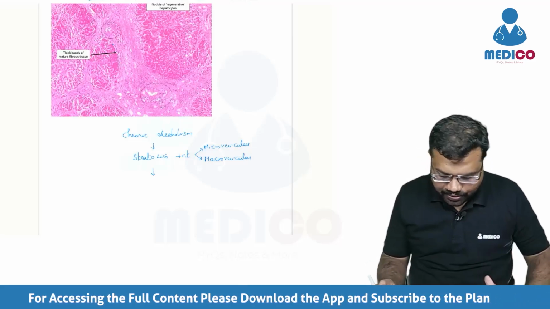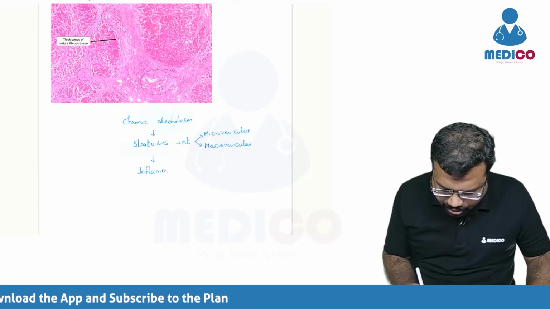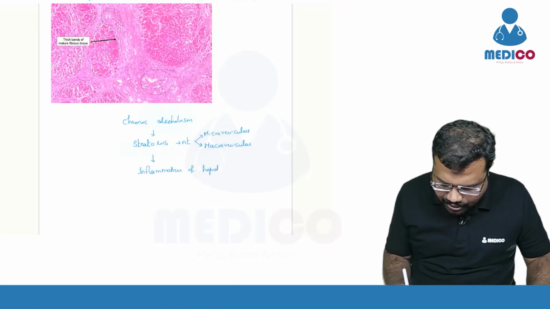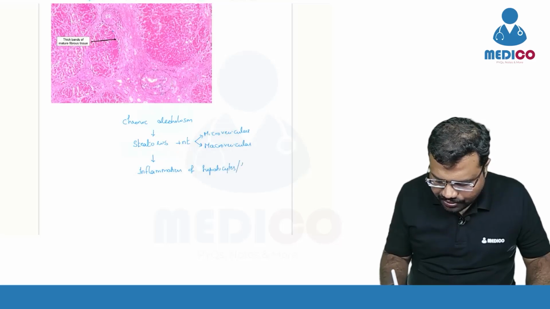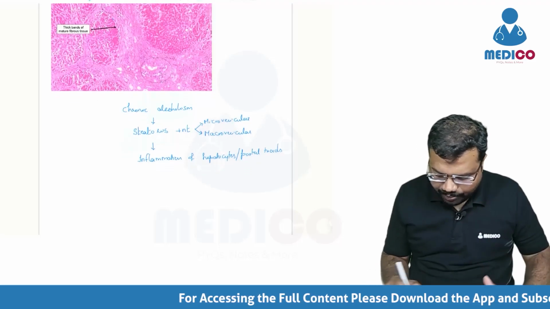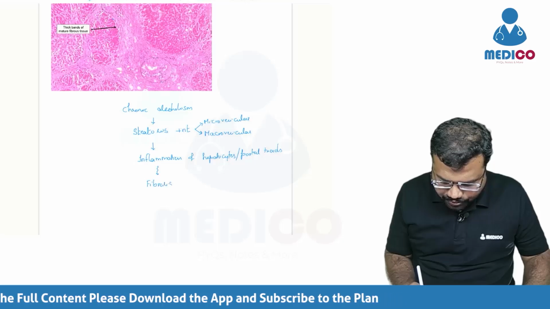The first stage is steatosis. This steatosis is followed by inflammation of hepatocytes or portal triads. So either the hepatocytes will get inflamed or the portal triads will get inflamed. That inflammation will lead to formation of fibrosis.